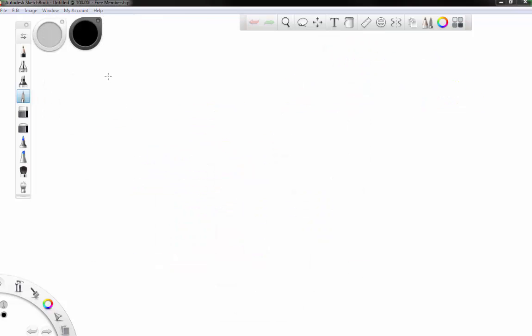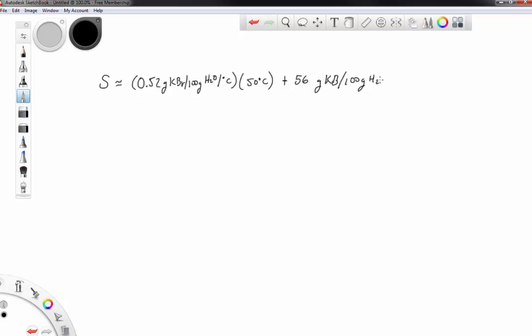So we basically have S is approximately 0.52 grams of potassium bromide per 100 grams of water per degree Celsius times 50 degrees Celsius plus that initial value that we found of 56 grams of potassium bromide per 100 grams of water.